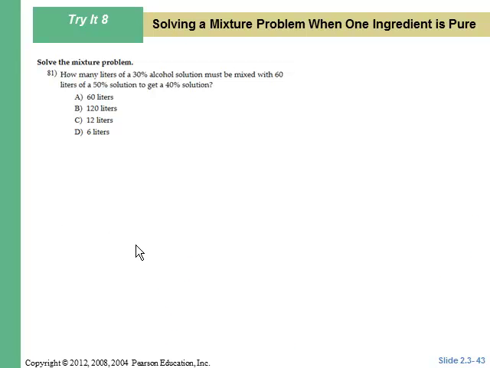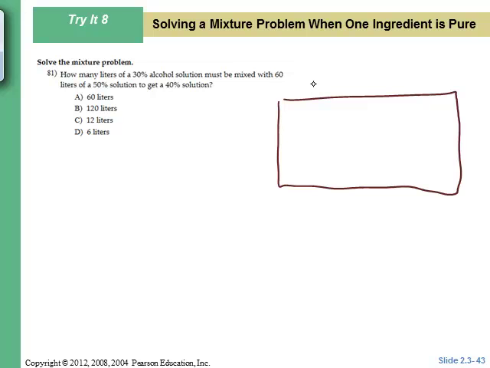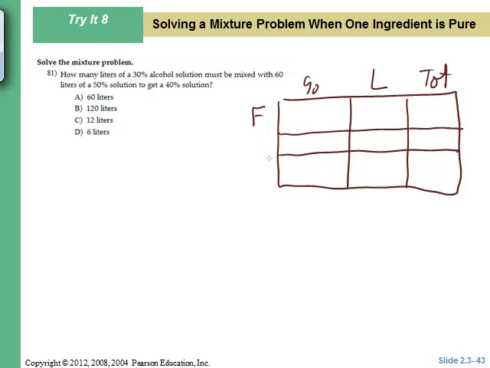You do this one. Okay, so we make our chart first. We've got our percent, we've got our liters in this case, and we've got our total. We've got our first solution, we've got our second solution, and we've got our total solution.